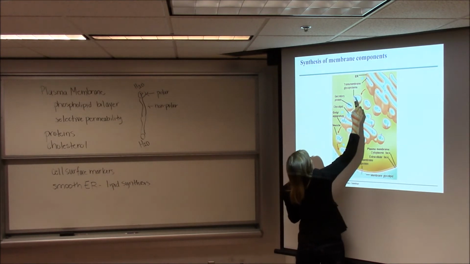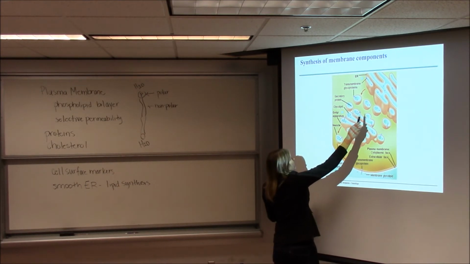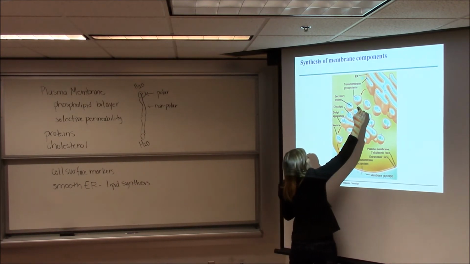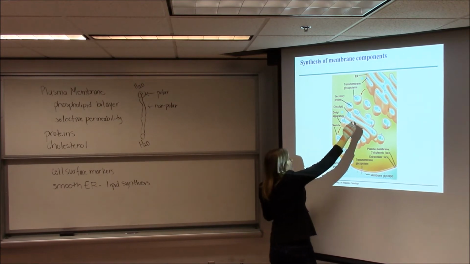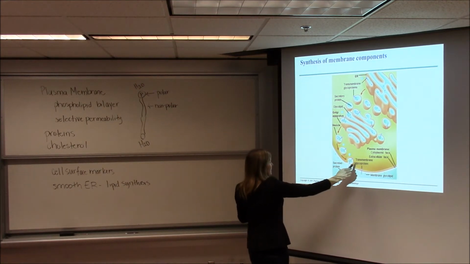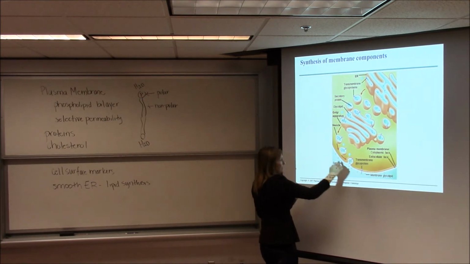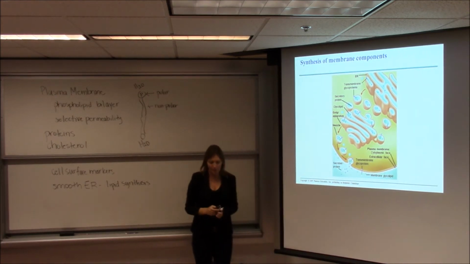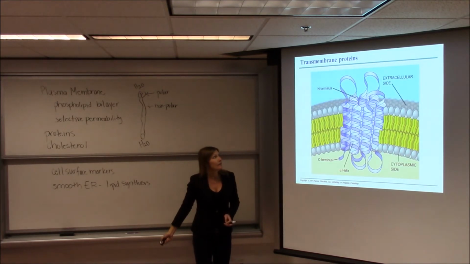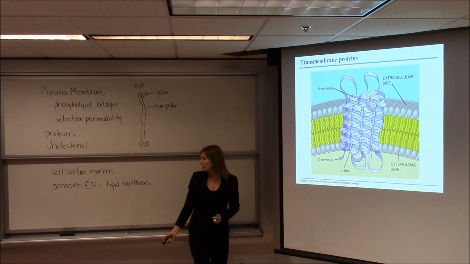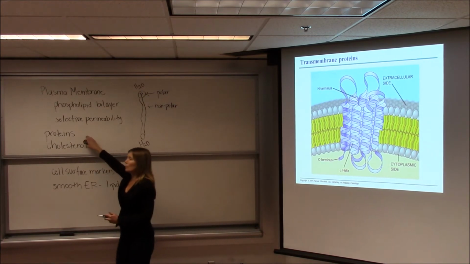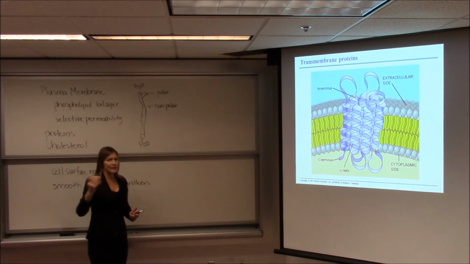And you can see these all being put together. ER, we have a transport vesicle going to the Golgi, and ultimately those components of the plasma membrane end up on the outside of the cell, fusing with that plasma membrane. This shows another transmembrane protein, and again we'll look at more detail of the role of those proteins in moving things in and out of the cell.